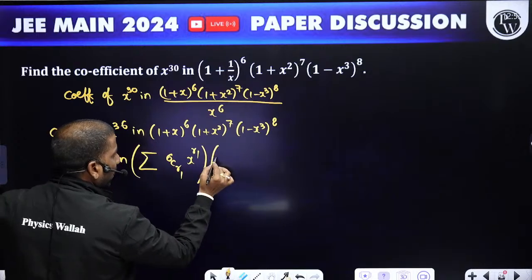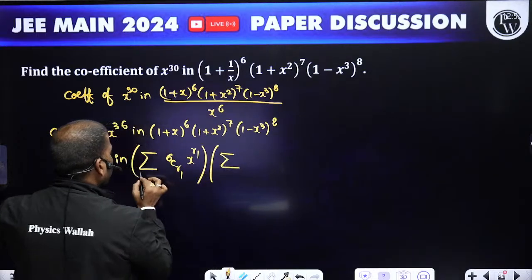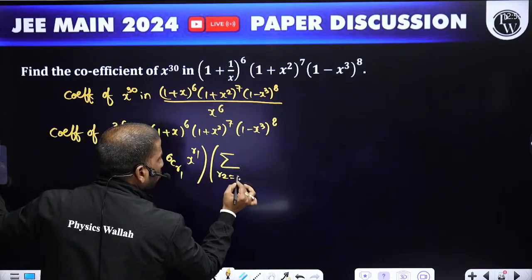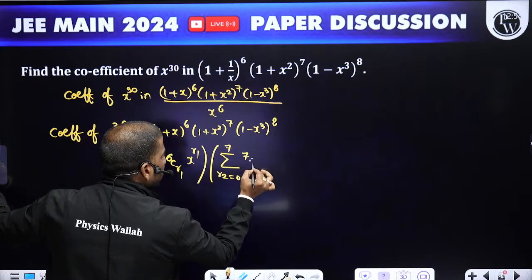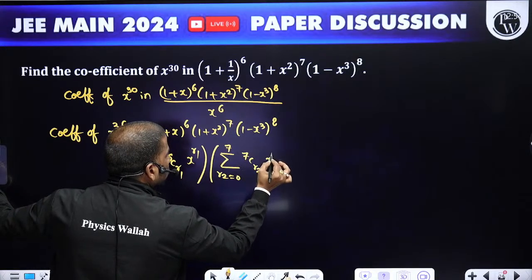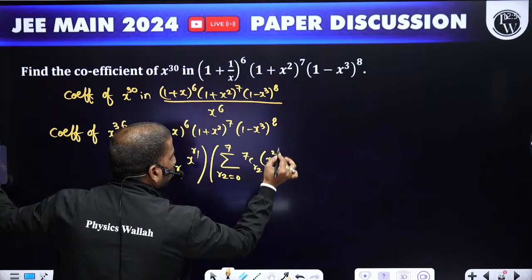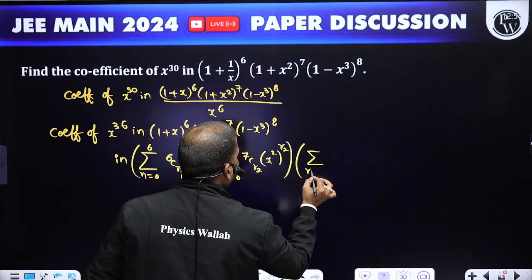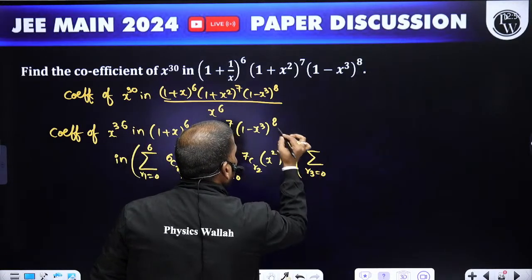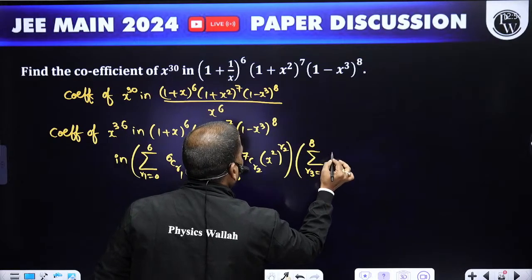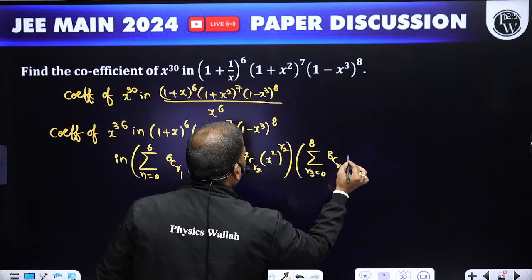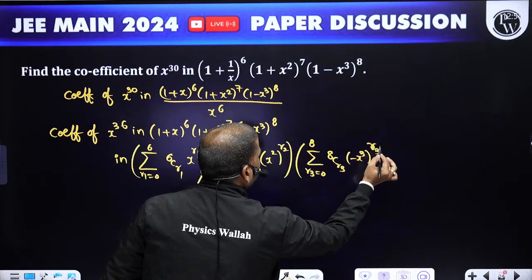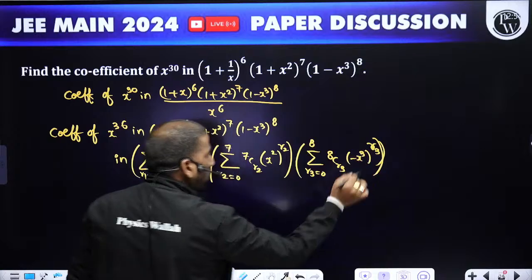And the second case, summation, of course R1 is running from 0 to 6, R2 is running from 0 to 7, 7C R2 x square power R2. And summation R3 is running from 0 to 8, 8C R3 minus x cube power R3. So this is what it is.